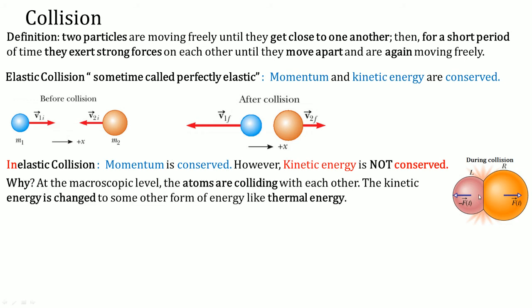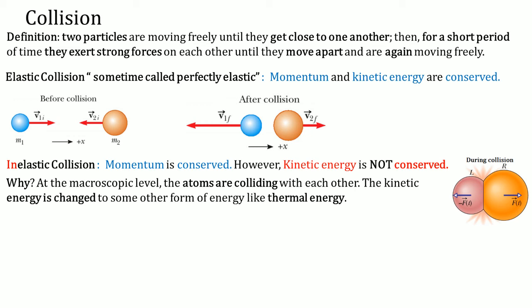So why? At the microscopic level, at the atomic level, in the collision between these two objects, the kinetic energy is changed to some form of energy like thermal. So them hitting on the smallest scale, energy is being lost to heat.